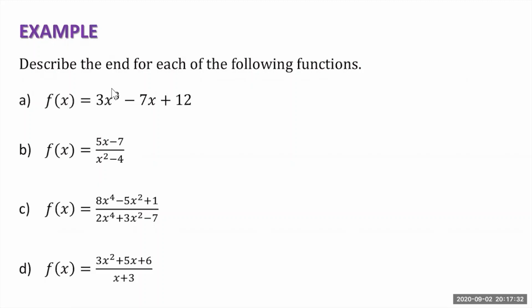End behavior, let's write this down. End behavior is the limit as x approaches positive or negative infinity of the function. So whenever we are asked to define the end behavior, we have to calculate the limit at infinity.